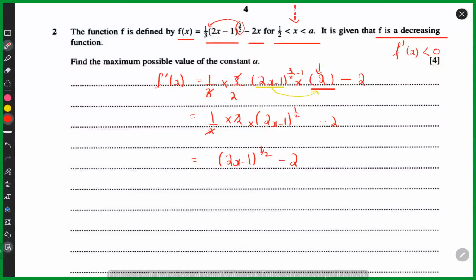And f dash of x is going to be less than or equal to 0. Now, every time we are writing down the condition for decreasing or increasing, you need to incorporate this less than or equal to. Why? I'll tell you. Because if this is my parabola, from this point to this point, my gradient is decreasing, and at this point it is equal to 0.